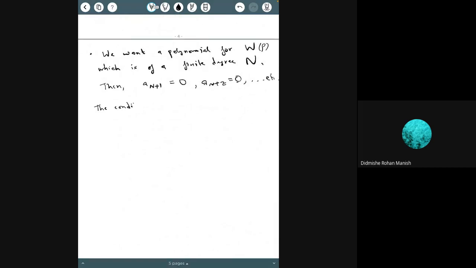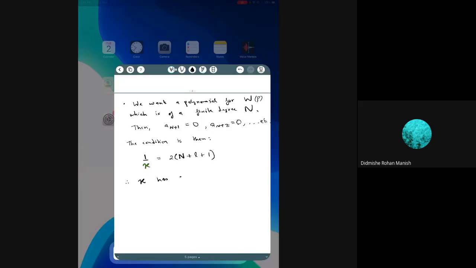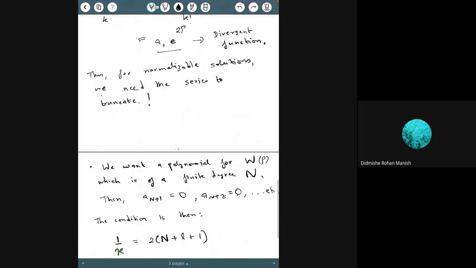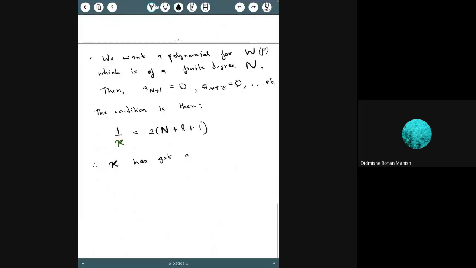The condition is then that 1 by kappa is equal to 2 into (N plus L plus 1). So kappa is now related to an integer. Therefore, kappa has got quantized.